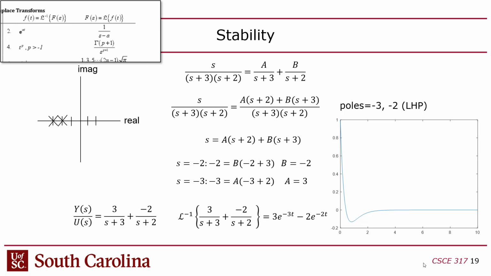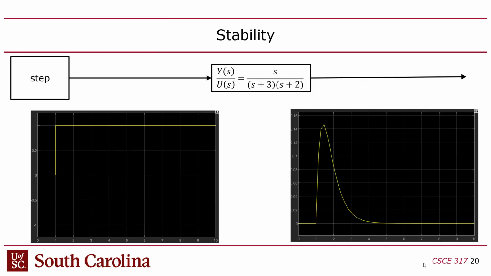So this one is stable. No matter what input I give this thing, the output will be bounded, right? So here's an example. This is in MATLAB now. I gave it a step input. The one I showed before was an impulse. This is the step response. It goes up, and then it comes down like this and just stabilizes, right?